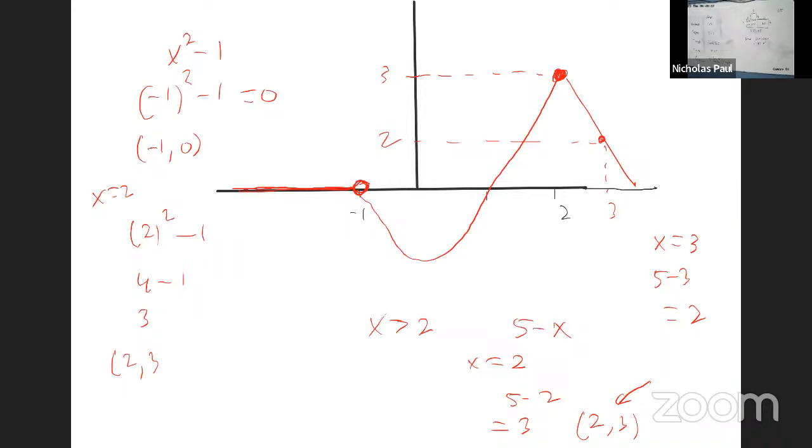Check and see if it is continuous at x is minus 1.